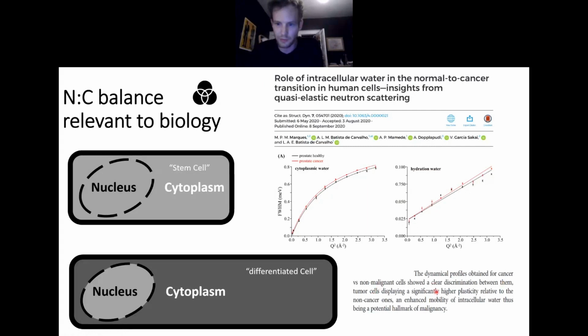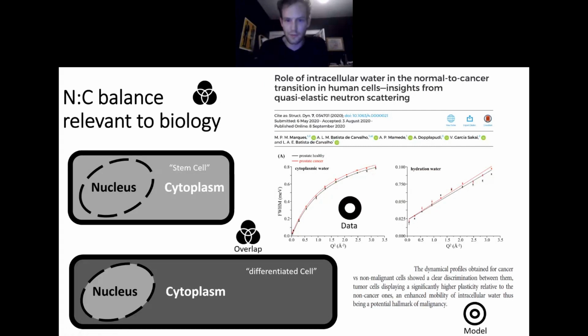Tumor cells display significantly higher plasticity relative to the non-cancer ones and enhanced mobility of intracellular water, thus being a potential hallmark of malignancy. So what they're saying is that the cancer cells look a little bit more like those stem cells, where there's more water, and the water is more freely moving in the cytoplasm, supporting this idea.